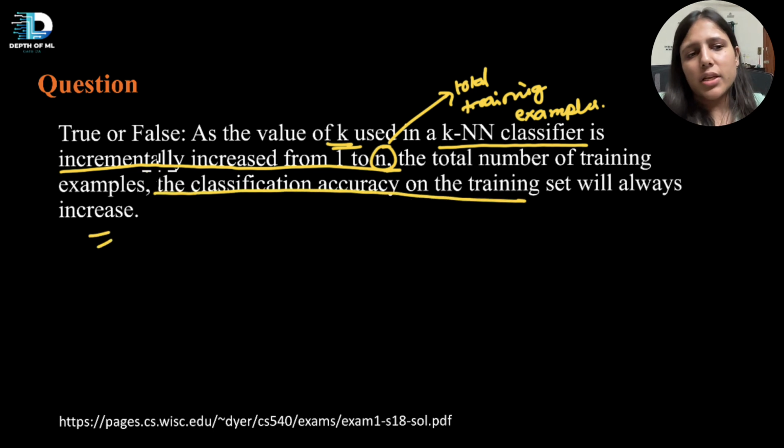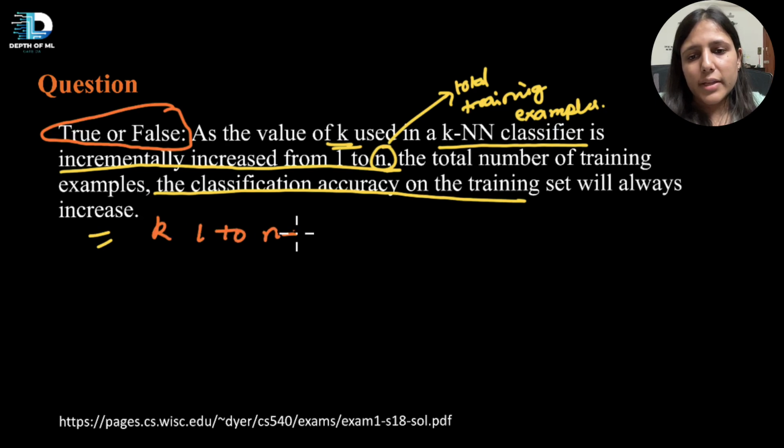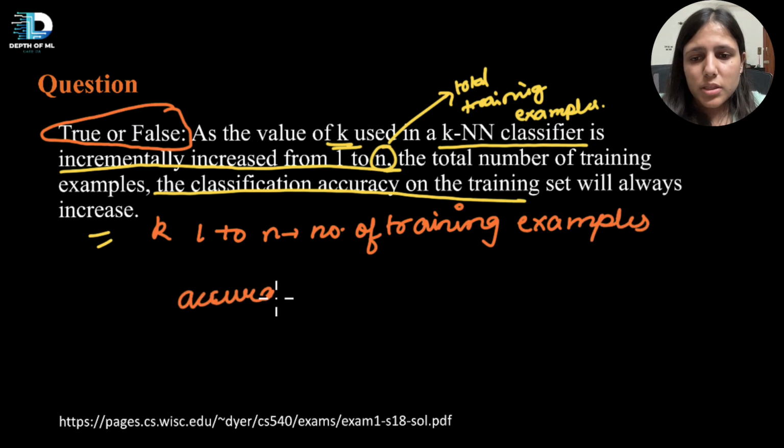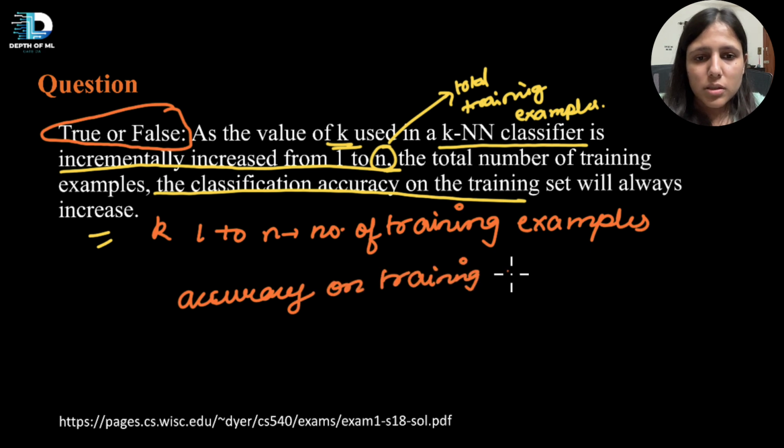Okay. So they are asking whether, if I keep on increasing the value of k from 1 to n, where n is the number of training examples, the accuracy on the training set will always increase.